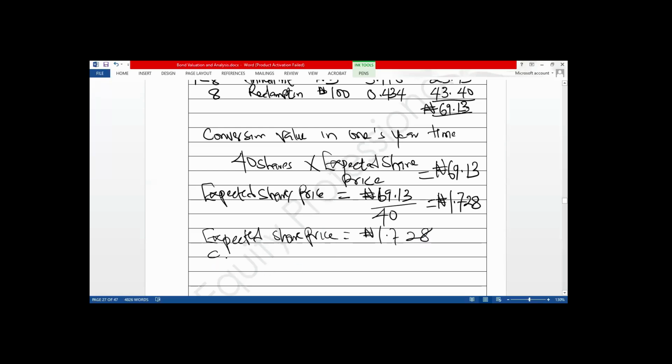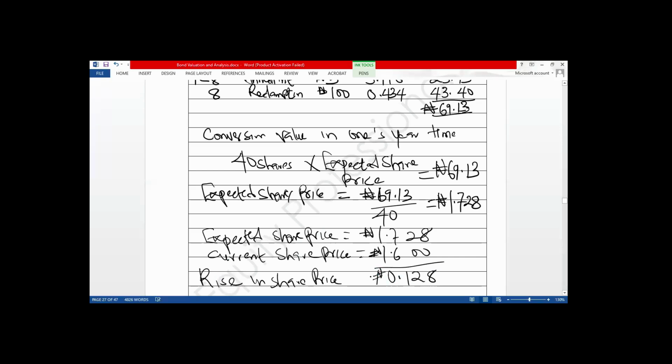$1.728, current share price $1.600, rise in share price, differences 0.128.